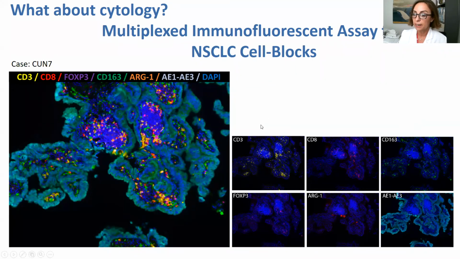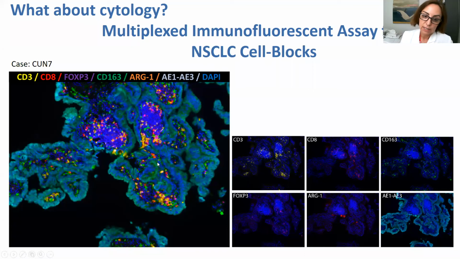So far, it is a very preliminary analysis, and we are doing the same panel in cell blocks obtained in the way I talked to you about before, with these tiny cylinders that get fixed in formalin very slowly when they enter the formalin. So let me show you two examples. This is an adenocarcinoma, the antibodies separately and the antibodies all together.